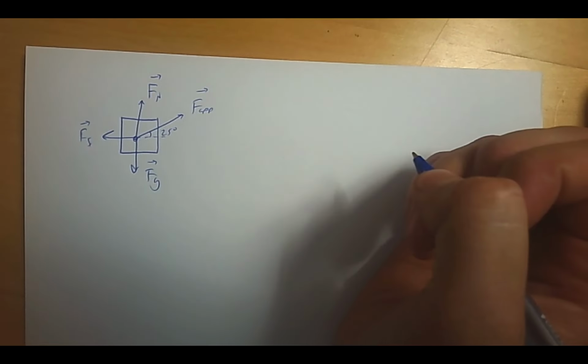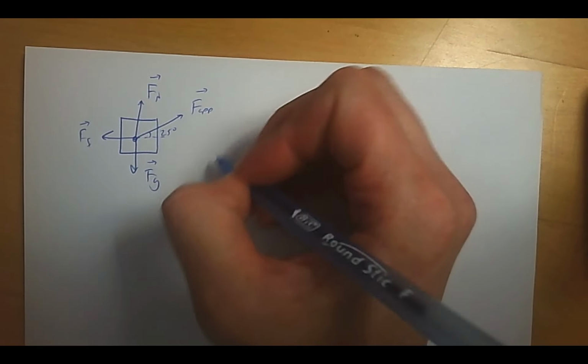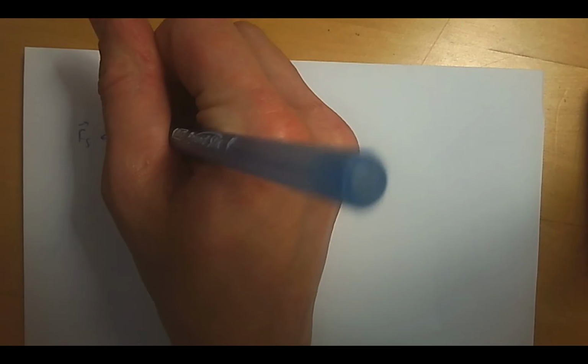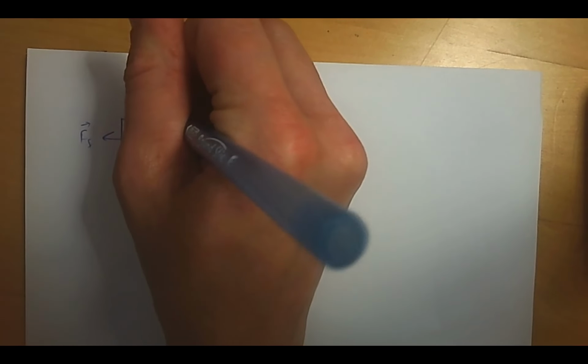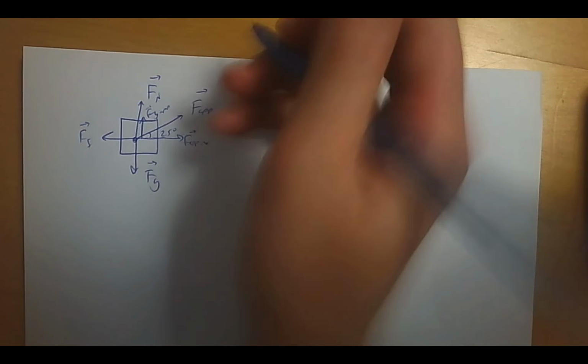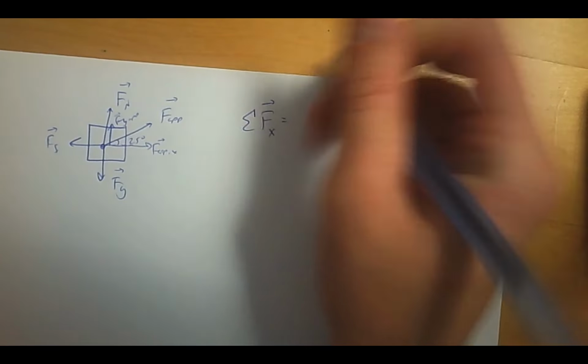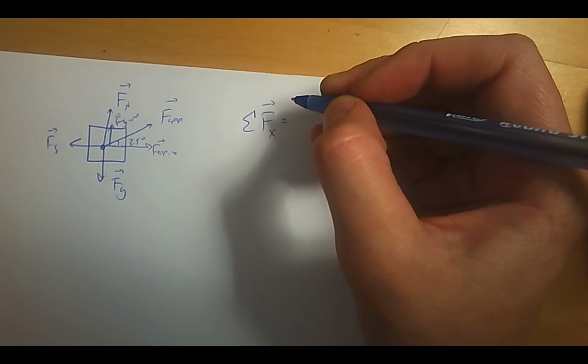So we should break up the applied force into its x and y components. So we have the x component of our applied force, and then we have the y component of our applied force. And if we want to apply Newton's second law to the forces in the x and y direction, which is sort of our next step here, we can see that there are 2 x forces.